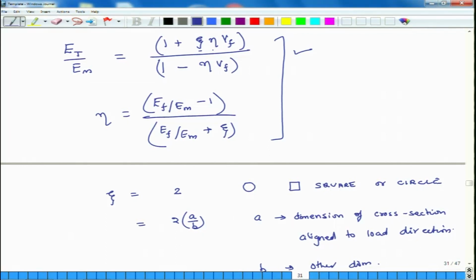So, if we want to quickly compute the transverse modulus of a unidirectional fibrous composite, then if we use this relation, we will be in good hands. So, this is what I wanted to discuss today. Tomorrow we will continue this discussion and we will talk about some other material properties and hopefully close this discussion related to prediction of properties of unidirectional composite materials.